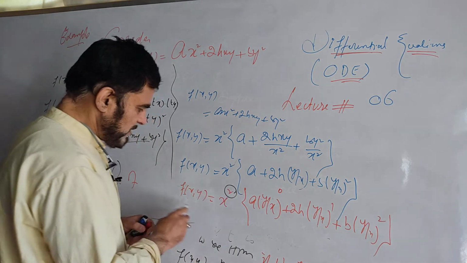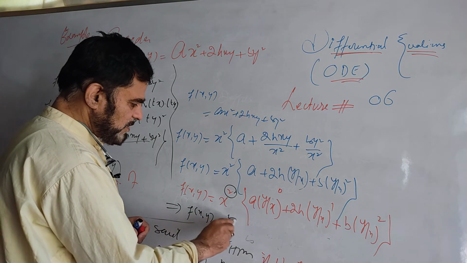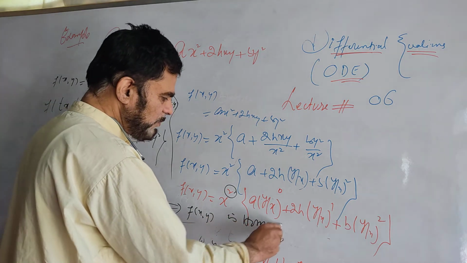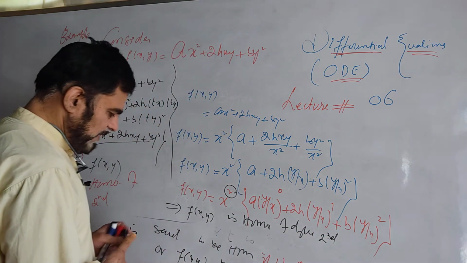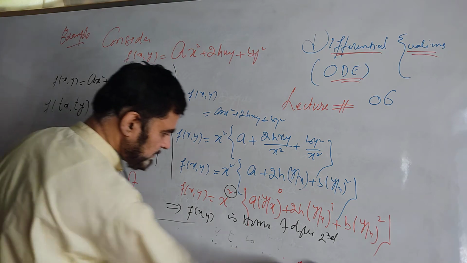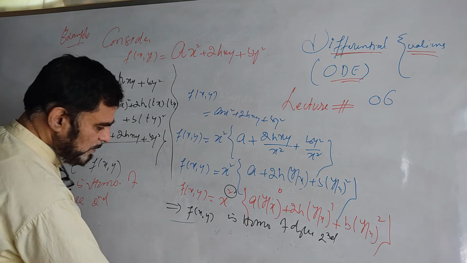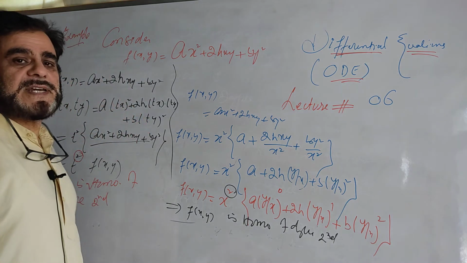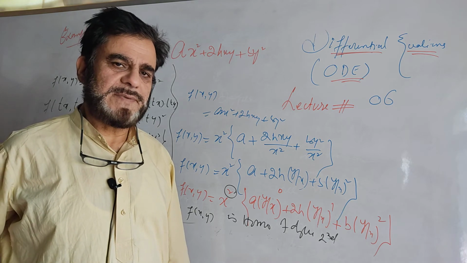So it is homogeneous, and f of x, y is homogeneous of degree 2. I have applied the two definitions to the same question, so I have shown how we test the homogeneity of a function.